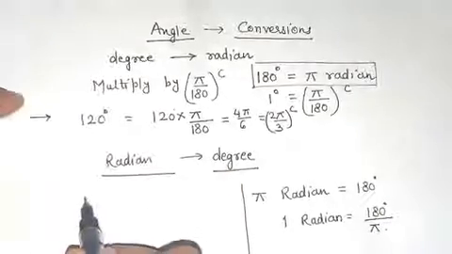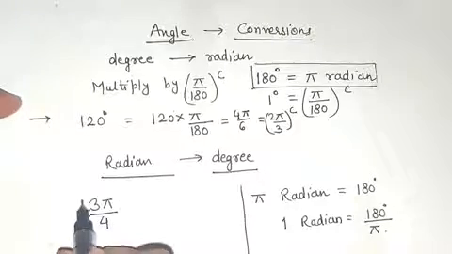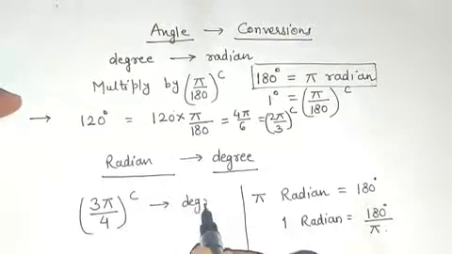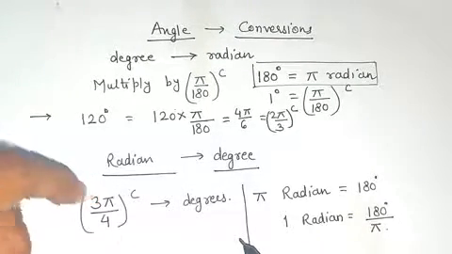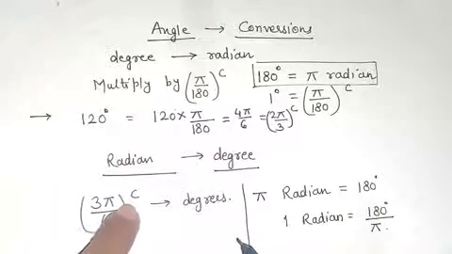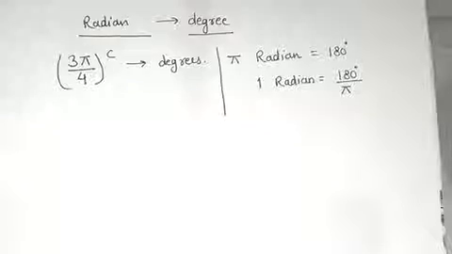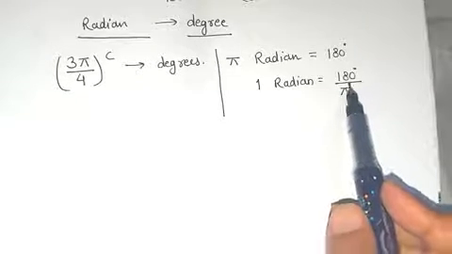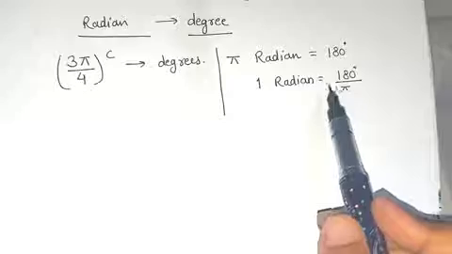So let's assume an example, we have to convert 3 pi by 4 radian into degrees. One thing can also be done, that for pi radian we can directly put 180 degree. That makes the problem very simple. Or for the proper conversion, you can multiply by 180 degree divided by pi, so pi will directly cancel.